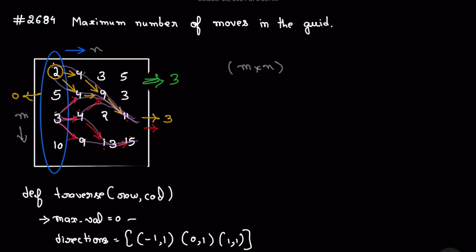Make sense? That means for the first box, I have 3 possibilities. The second one, again I have 3 possibilities, that is cross 3. The third one, again 3 possibilities, cross 3. The fourth one, again I have 3 possibilities.